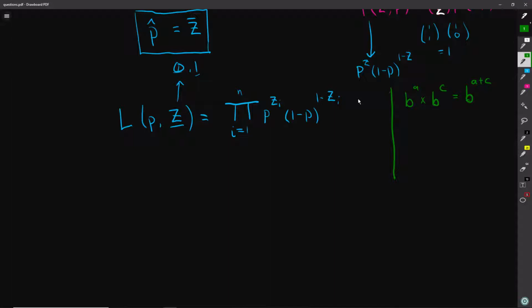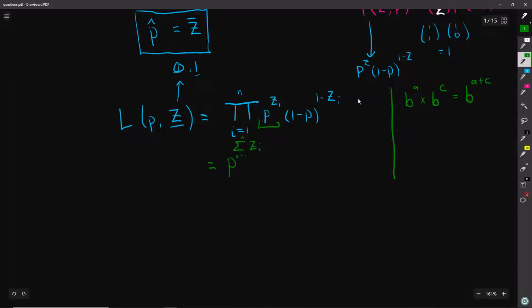And so here we can look at this first term, where we have p in the base, z_i as the exponent, and we're multiplying it through n times, which means we're just going to add these z_i's in the exponent here. So that's going to be p to the power of the sum from 1 to n of z_i.